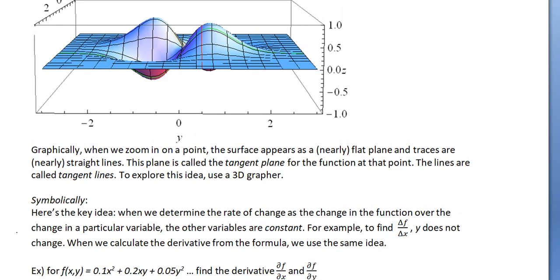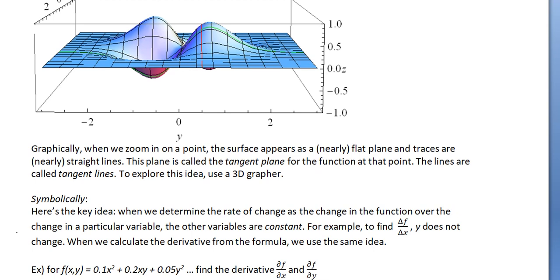So what is going to be the derivative of this function with respect to x? Well, we've got 0.1 x squared plus 0.2 xy plus 0.05 y squared. Take the derivative of the first term, and you'll just get 0.2x. Take the derivative of the second term, and what happens? We treat y as a constant. So therefore, it's as if we have 0.2y as the constant coefficient and then an x.